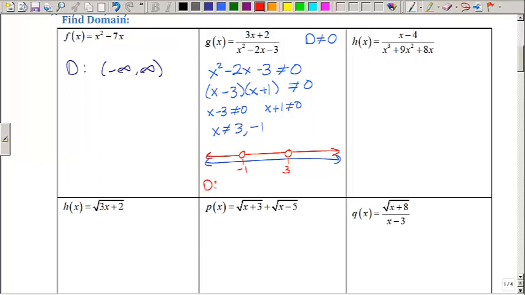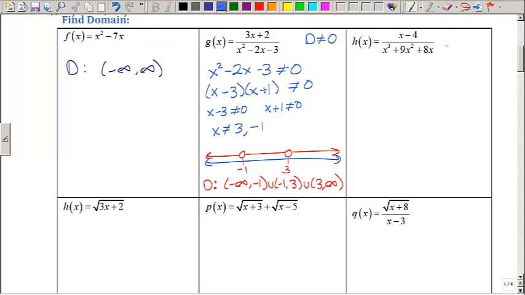To finish writing my domain in interval notation, I have 1, 2, 3 intervals, so I'll have 3 interval notations. Negative infinity to negative 1, union negative 1 to 3, union 3 to infinity. I get to include everybody into my party except negative 1 and 3, and so that's my domain.